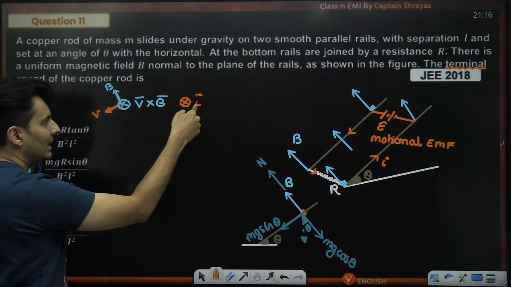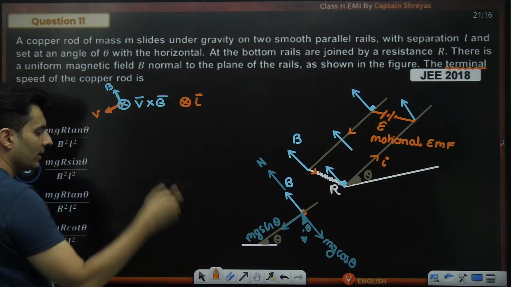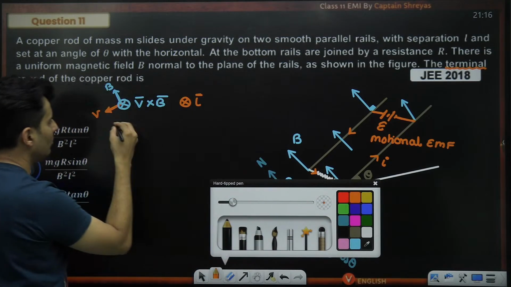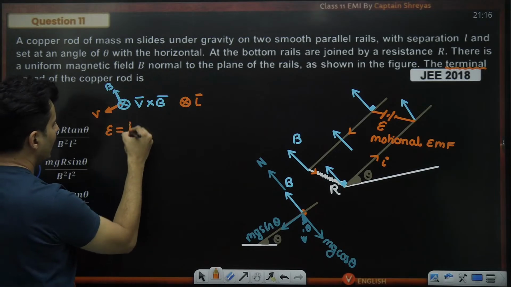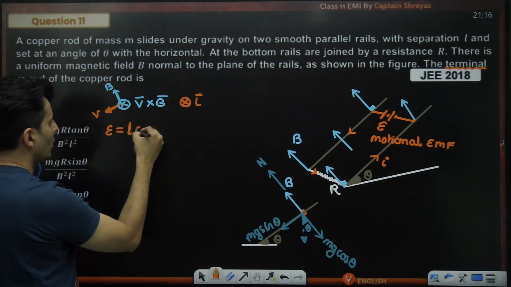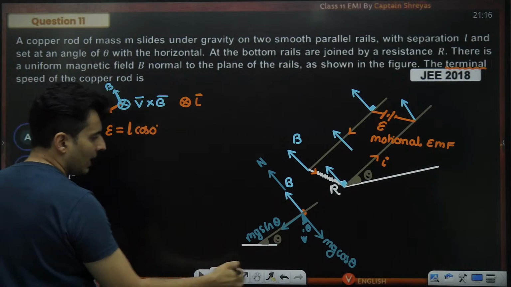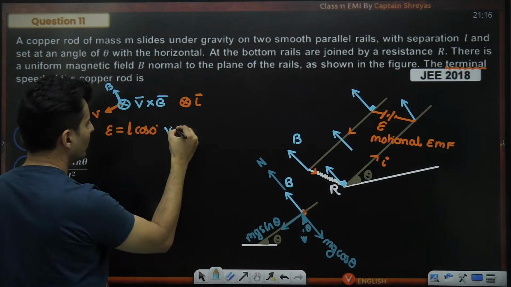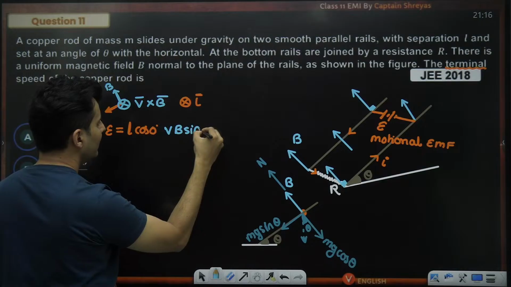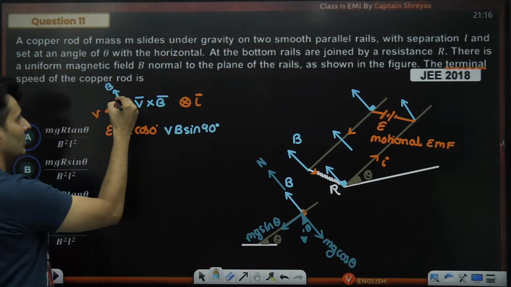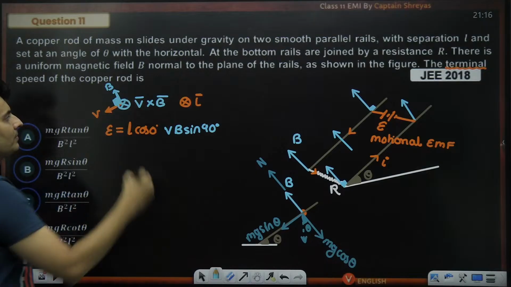The angle between the length vector and V cross B is 0 degrees. So the motional EMF will be L dot V cross B, which is cos 0 times VB sine 90 degrees. Can you see that, everyone?